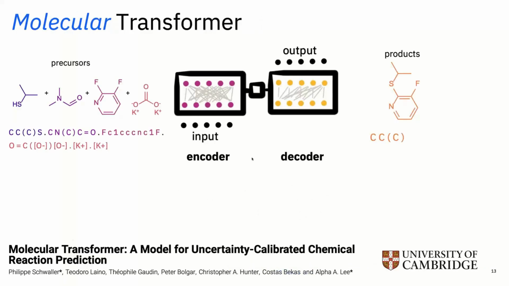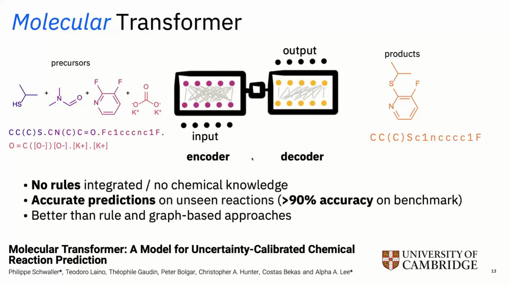We adapted the transformer architecture to reaction prediction when I was in Cambridge, and without integrating any rules or chemical knowledge, this model could accurately predict chemical reactions and performed better than other approaches on the standard reaction prediction benchmark datasets.